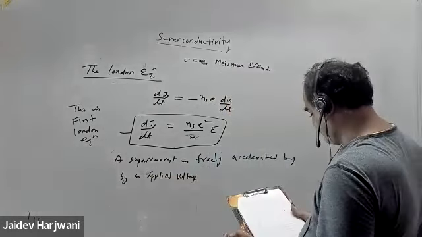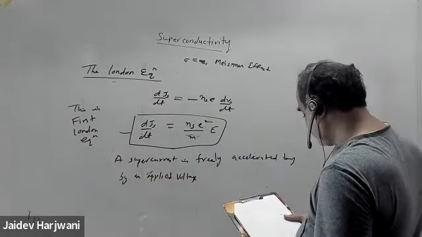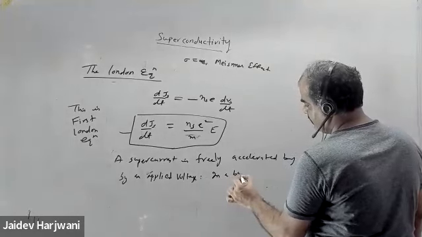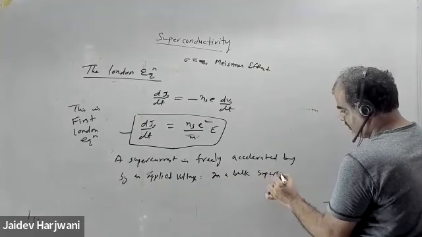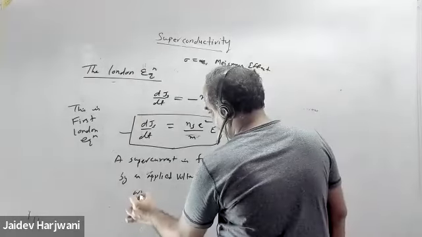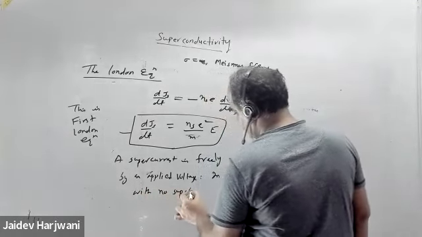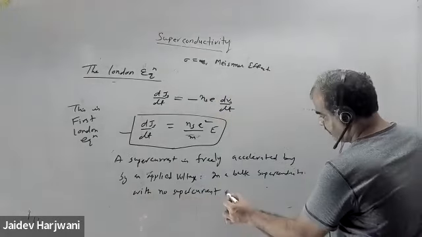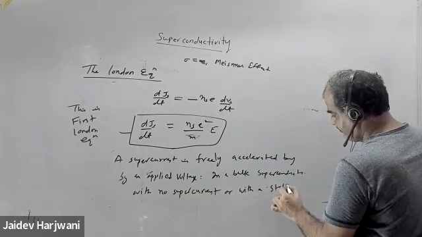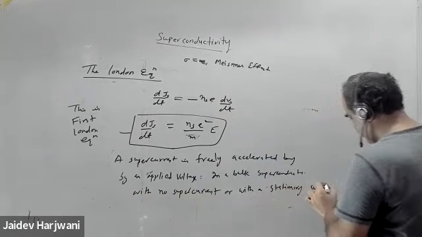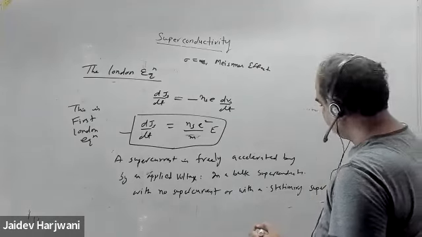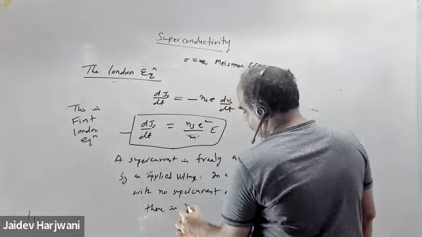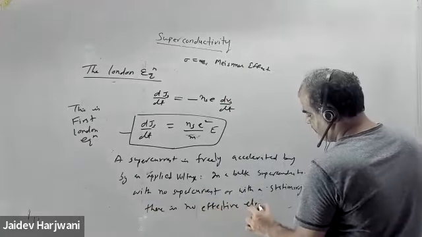Or this equation says that in a bulk superconductor with no supercurrent, or with a stationary supercurrent, there is no effective electric field.